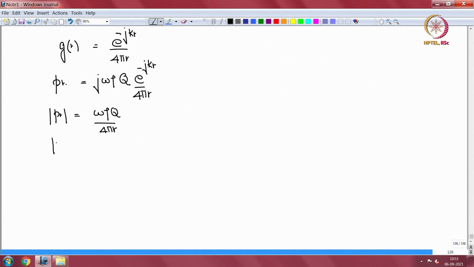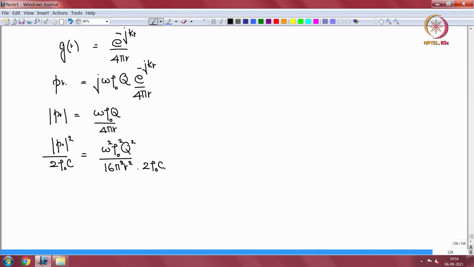Then I need magnitude pressure squared by 2 rho 0 c, which is omega square rho square q square by 16 pi square r square into, let me make it rho 0, mean fluid density, and twice rho 0 c.